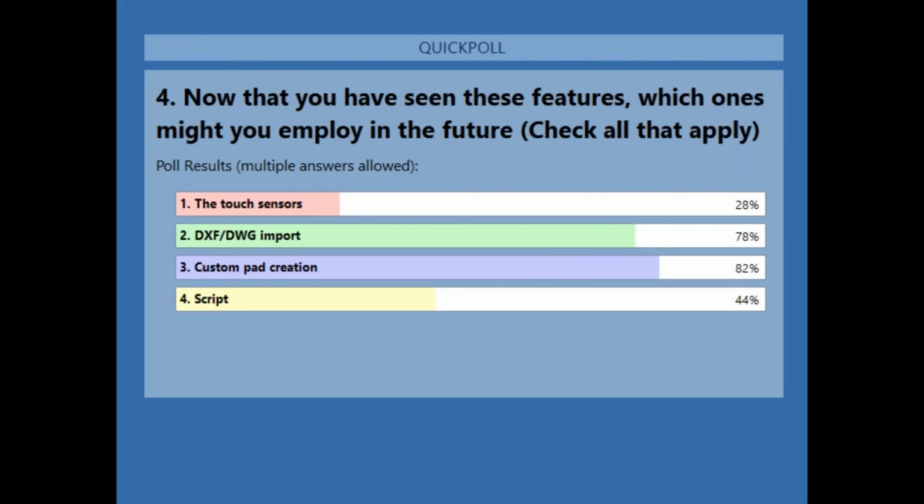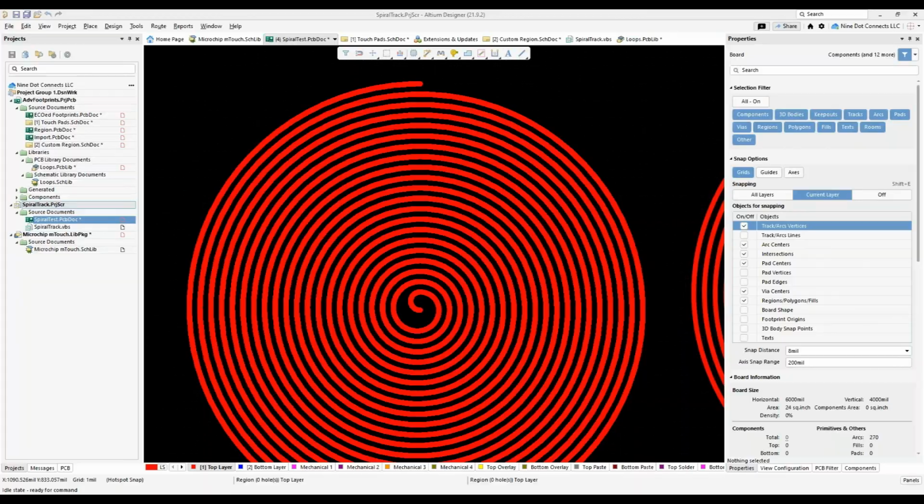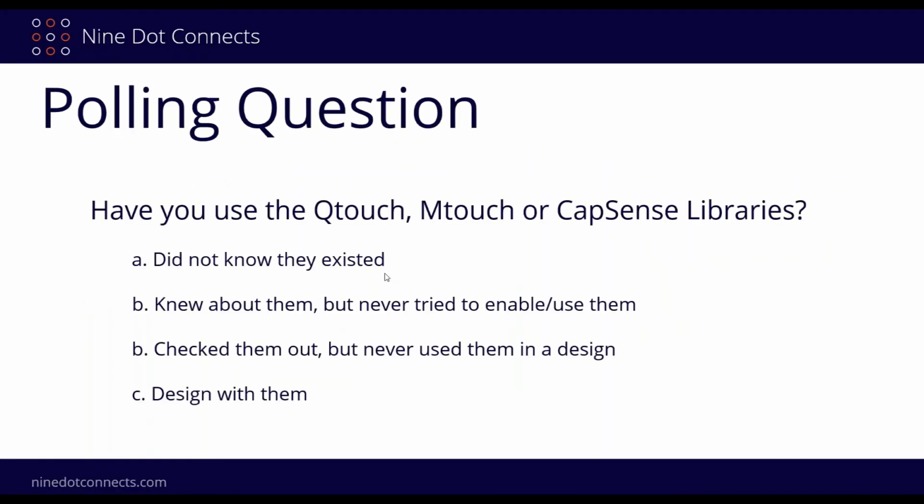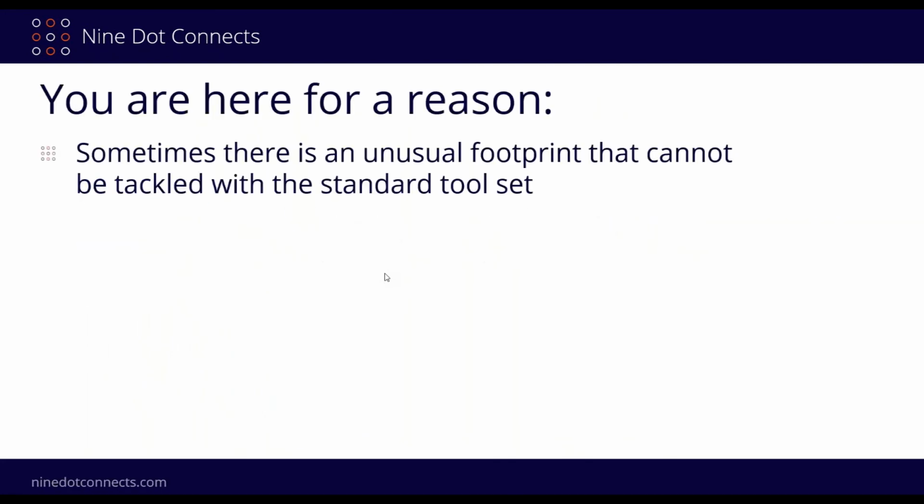All right, if you don't mind, I'd like to take a moment to talk about 9.connect. Sometimes there's an unusual footprint that just can't be tackled with the standard tool set. So everything you saw me do today, oddly enough, did not start in the PCB library.